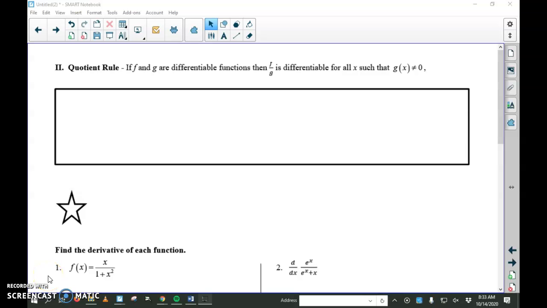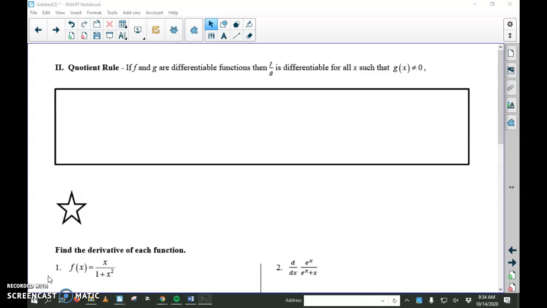Okay, so I am back, and we're still in this 3.3 section where we're talking about how to find the derivative of a function or the slope of the tangent line using a product rule, or today we're going to talk about the quotient rule. So, we talked about the power rule. The power rule says that if I have a term with an exponent, I can multiply the exponent by that coefficient, subtract 1 from the exponent, and I end up with the derivative of that function.